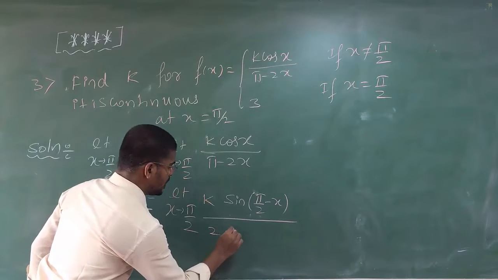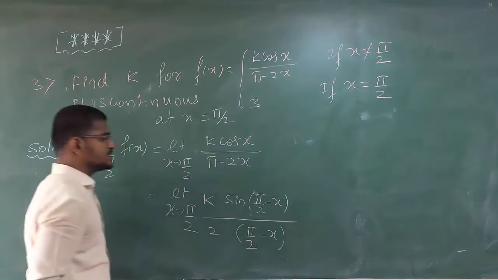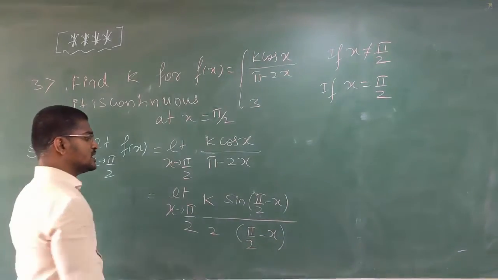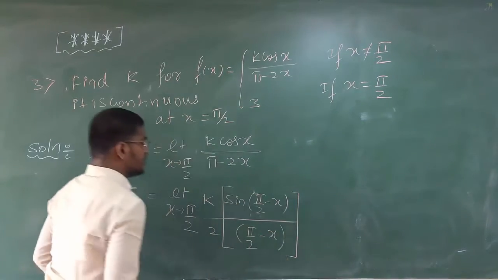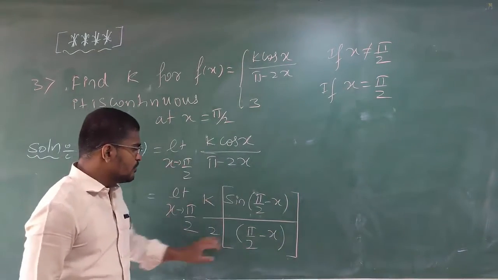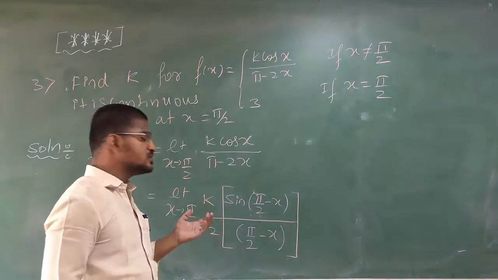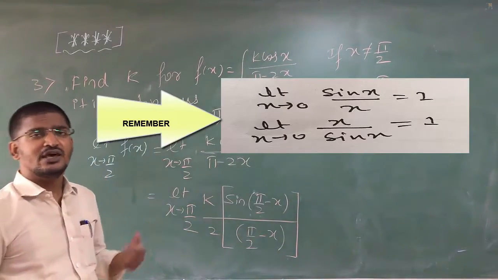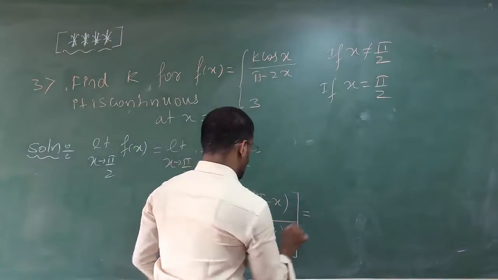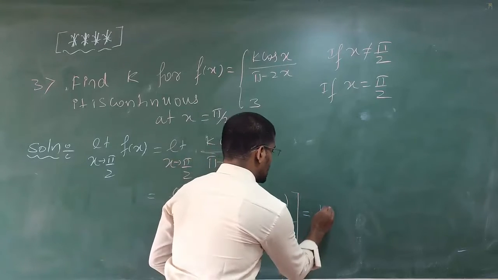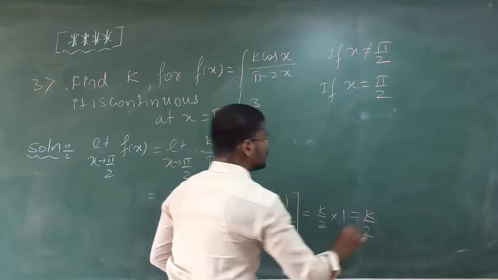If I take 2 common, it will be pi by 2 minus x. So you observe this. The limit as x tends to pi by 2, this term is what? Already we solved this type of problems in limit of a function, in 11th class also. So this will be equal to 1. So your answer will be k by 2 into 1. So that is k by 2.